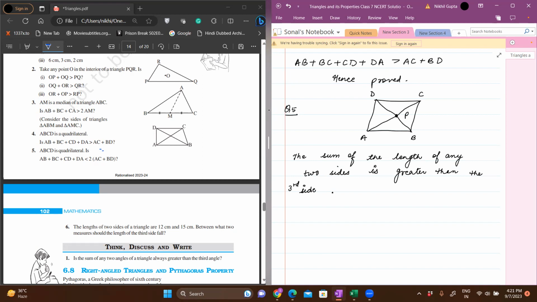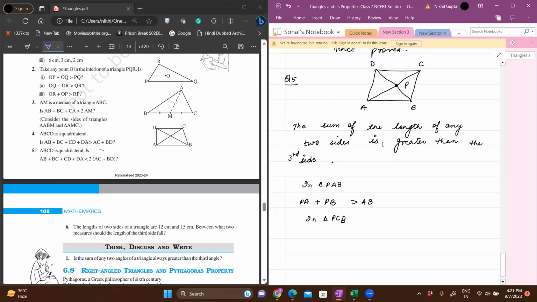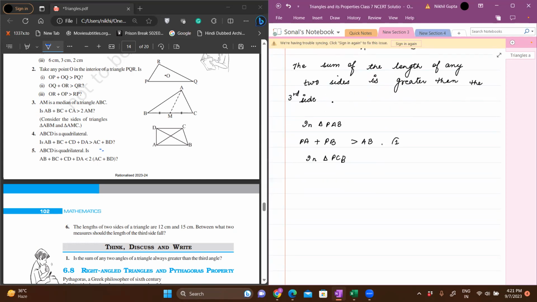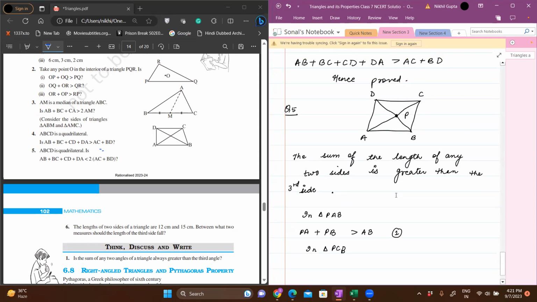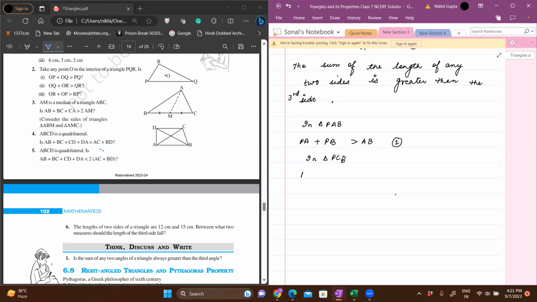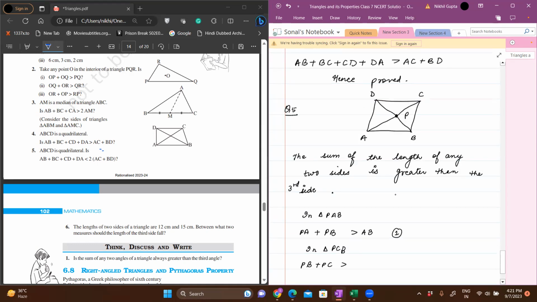So we'll take up the triangles. In triangle PAB, we can take PA plus PB is greater than AB. Keep this equation as 1 here. Next, in triangle PCB, PB plus PC is greater than BC.